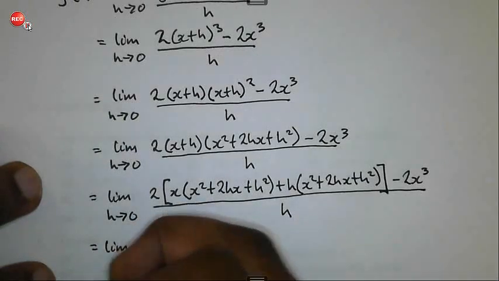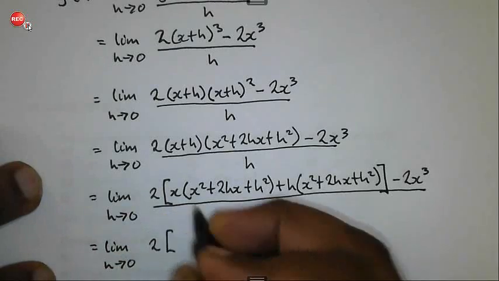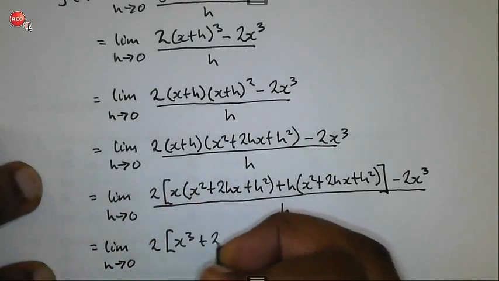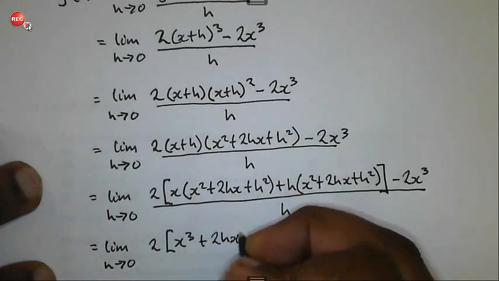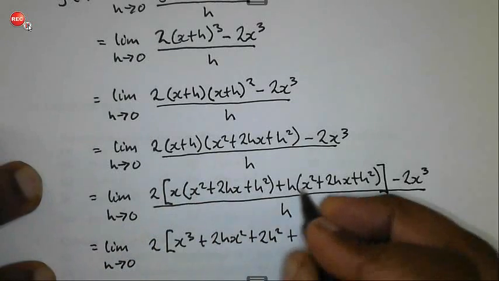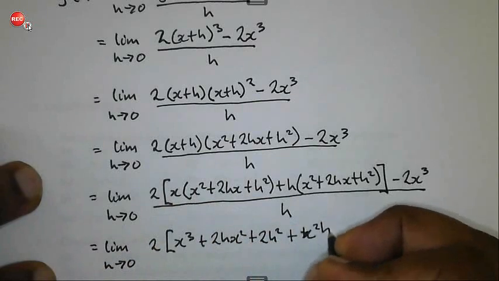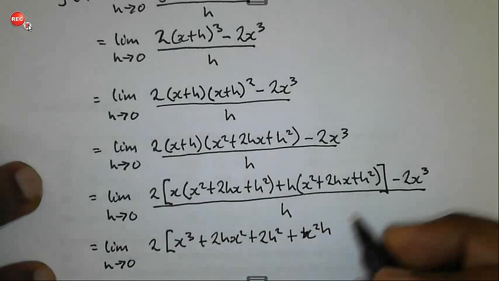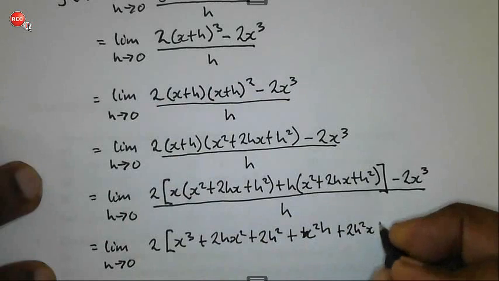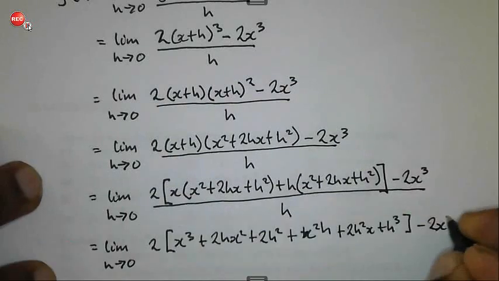Okay, right, let's simplify that. So this is the limit as h approaches 0 of 2 by... Let's multiply this in, so that's h to the power of 3 plus 2h squared x plus hx squared, plus x squared h, same thing, plus 2h squared x plus h to the power of 3, minus 2x to the power of 3.